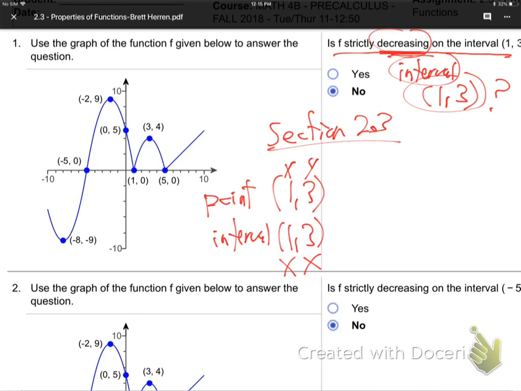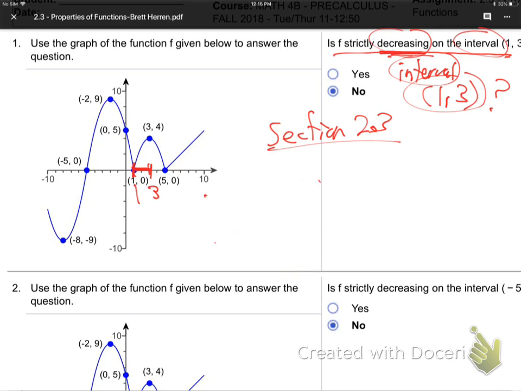If it's a point, that means over 1, up 3, x, y. But if it's an interval, they mean on the x-axis. Whenever they say interval, they mean both are x values. So they mean from 1 to 3, this chunk of the x-axis. They didn't say point, so you've got to watch out. The parentheses with the two numbers can mean either thing.